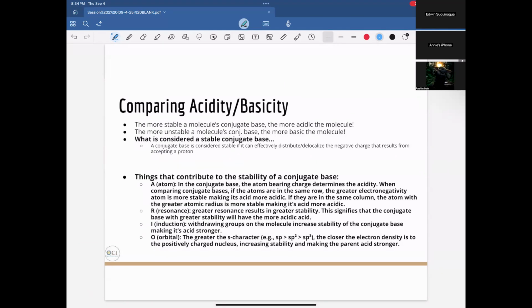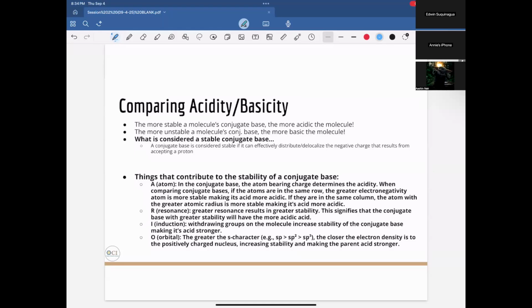But the more unstable that conjugate base is, the less willing it is to give up the proton, so it's going to be more wanting to take that proton back. And our conjugate bases are considered stable if they are effectively able to distribute and delocalize that negative charge around the molecule, which stabilizes them.